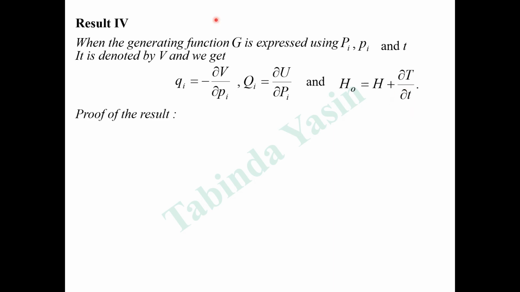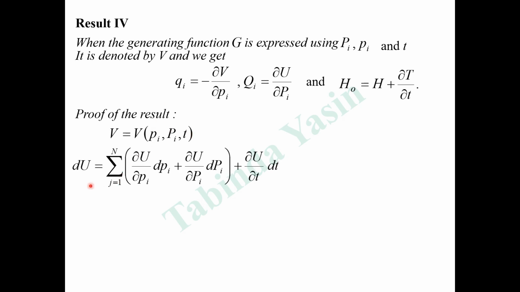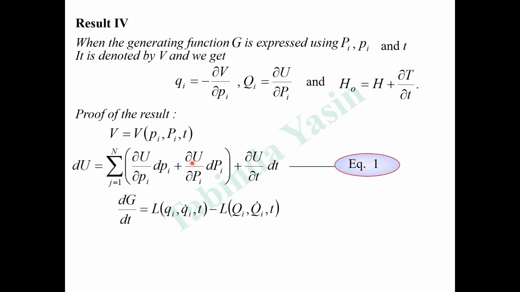Now starting with the proof of this result, V is equal to V(pi, capital Pi, t), and differentiating we get dV is equal to summation over j equal to 1 to n of partial V over partial pi dpi plus partial V over partial capital Pi dPi plus partial V over partial t dt. Here it was mistakenly written, that is V here. dG/dt is equal to L(q, q dot, t) minus L(Q, Q dot, t), set of old and new variables interchangeable.